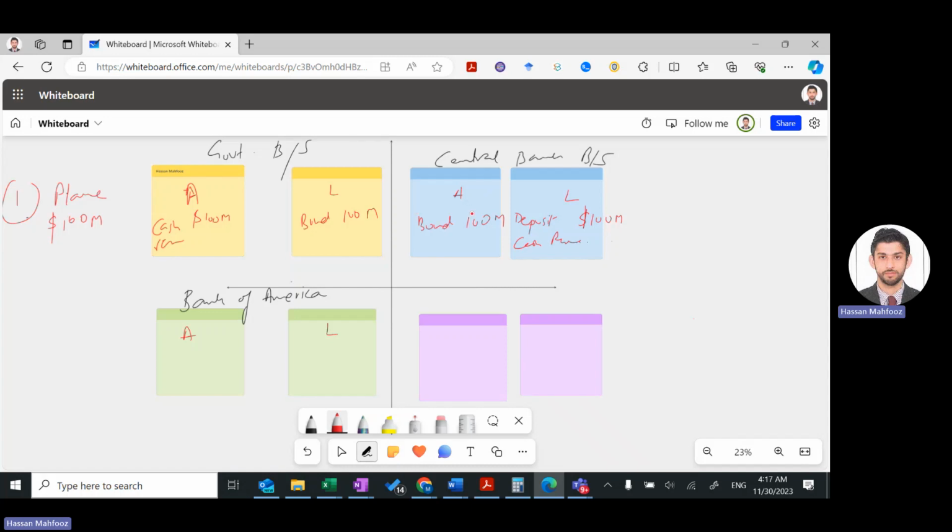So this loan extended by the central bank has created a deposit, a reserve for the government, which is as good as cash. And this deposit can be used for purchasing and spending on goods and services. So that's step one.